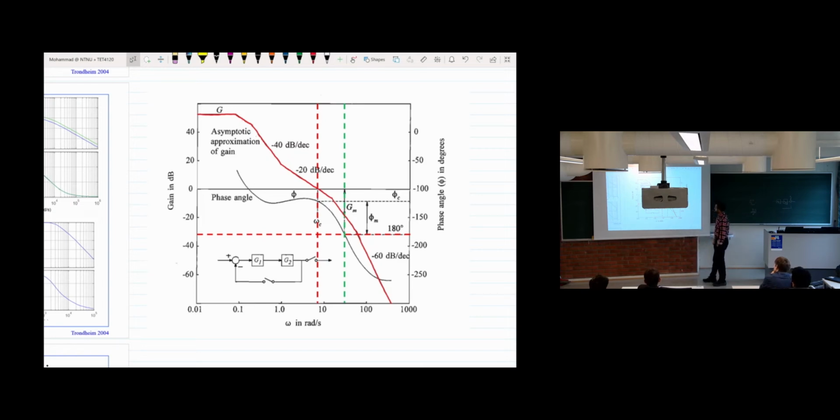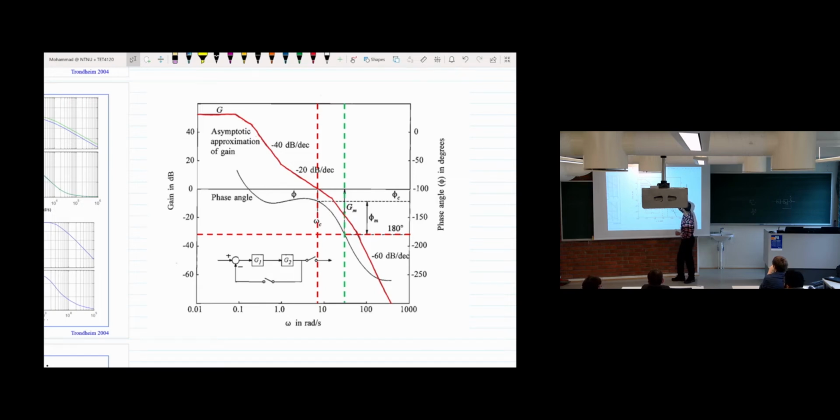So what we are saying is that we always try to avoid 180 degrees when it crosses the 0 dB. This is 0 dB, magnitude 1, and in phase we don't want to have it at this point. So we always try to shift this position here, not at this point. When you shift it, then you have some phase margin. This is called the phase margin here.